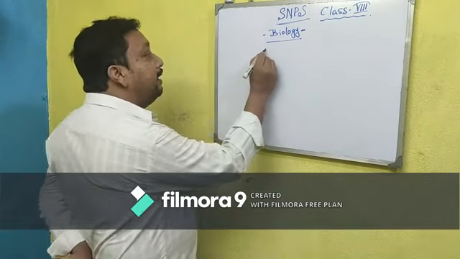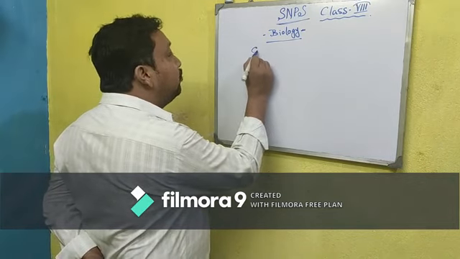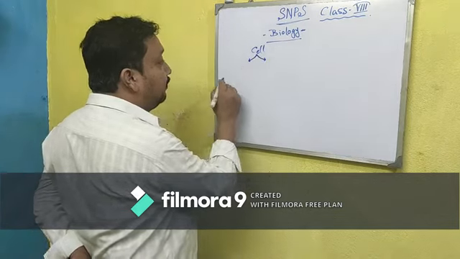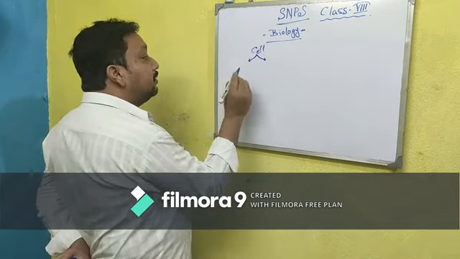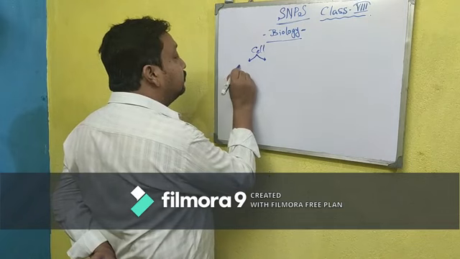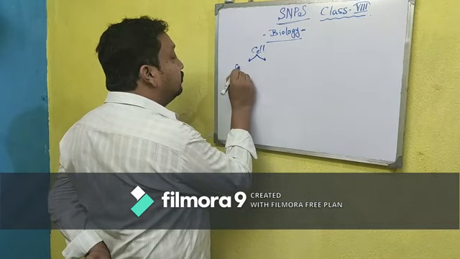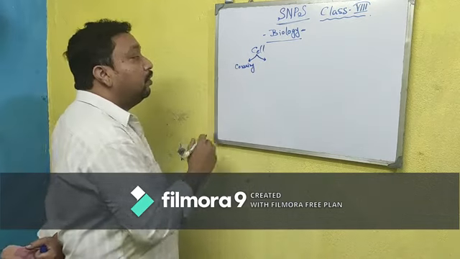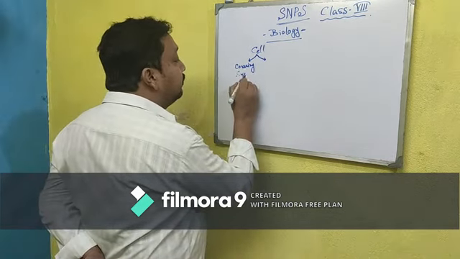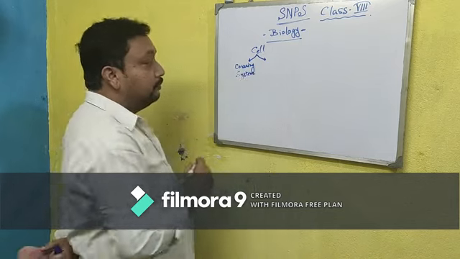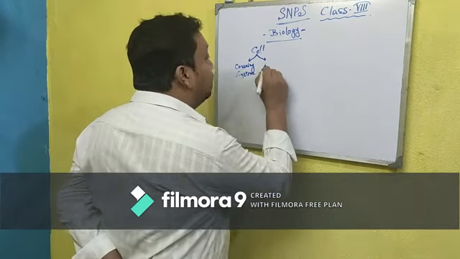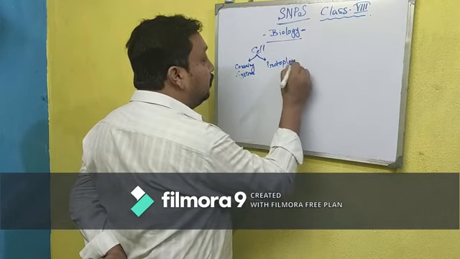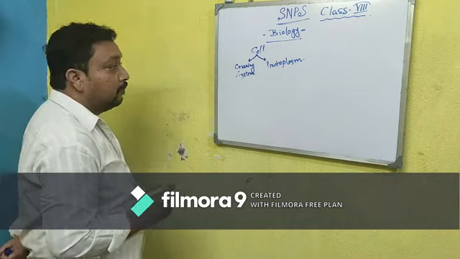The cell is mainly composed of two basic parts, that is, covering system and protoplasm.